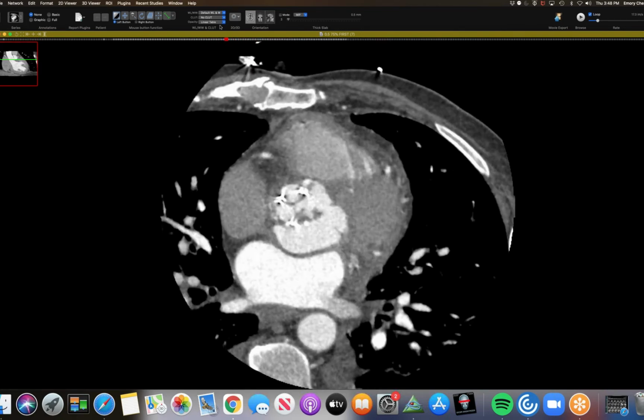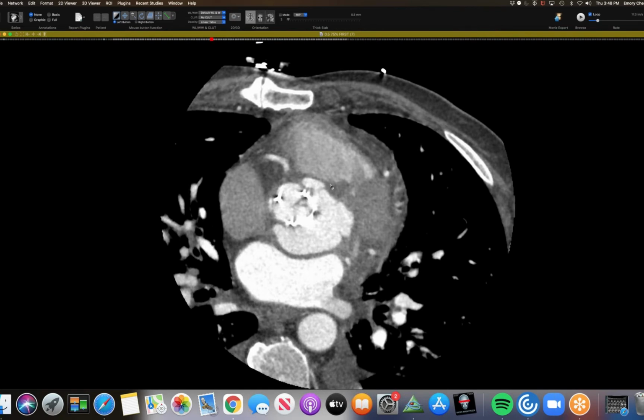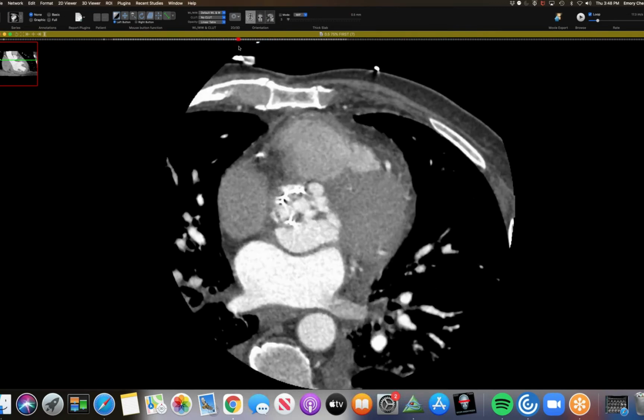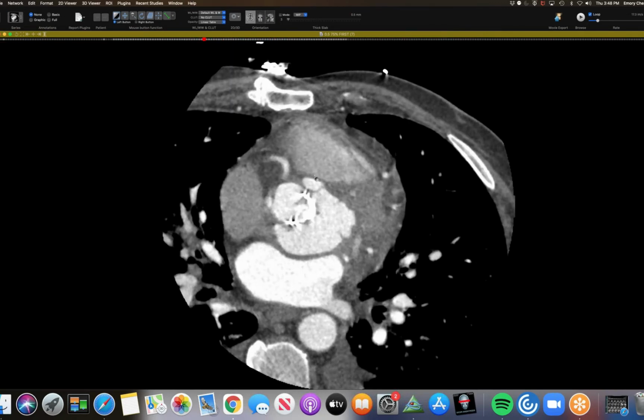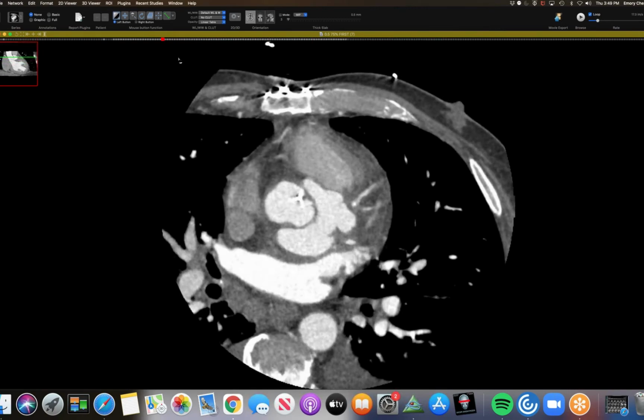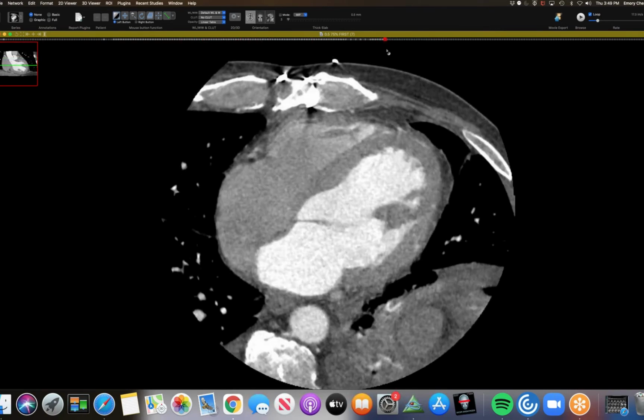So here's his valve, and you can see the aortic root is markedly abnormal. The valve prosthesis is dehisced here, and then you have this big aortic root abscess, which fills in with contrast, and he has a large perivalvular leak.